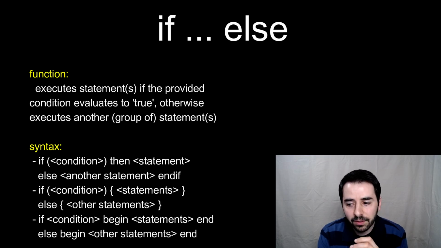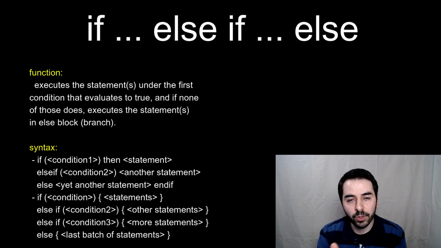And then there is an even more advanced form. If we have more than 2 paths forward, we can say if this condition applies, then do these statements, or we can say else if. Else if is actually a single keyword. Sometimes it's written together, in some languages it's separate, but it's a single keyword.